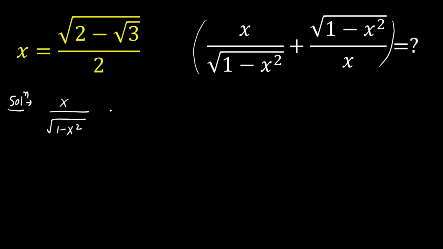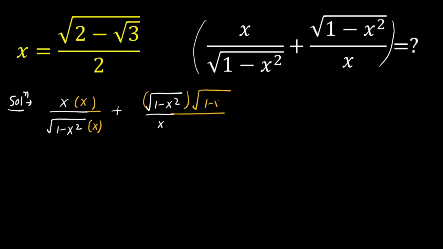and then plus square root of 1 minus x square divided by x. Here we multiply by x in numerator and denominator, and we multiply by square root of 1 minus x square in numerator and denominator.